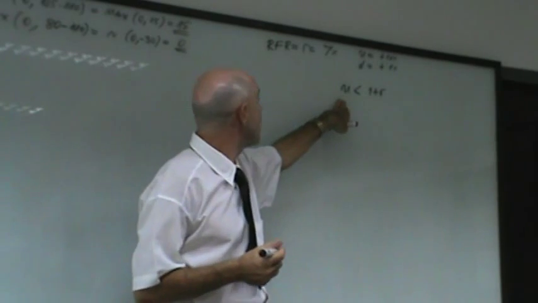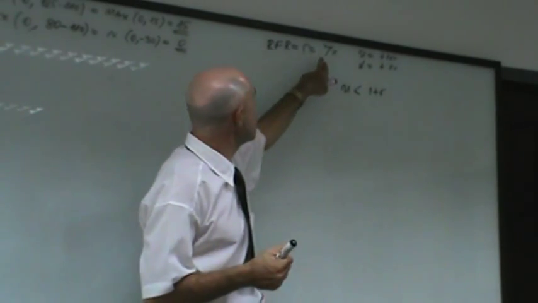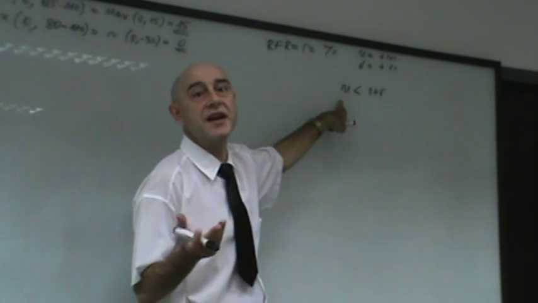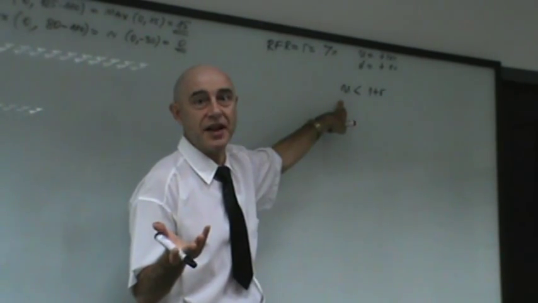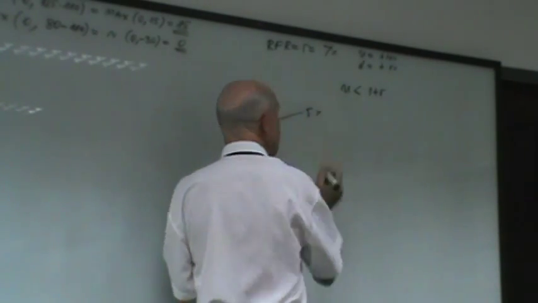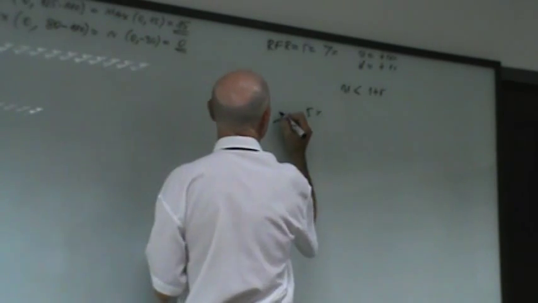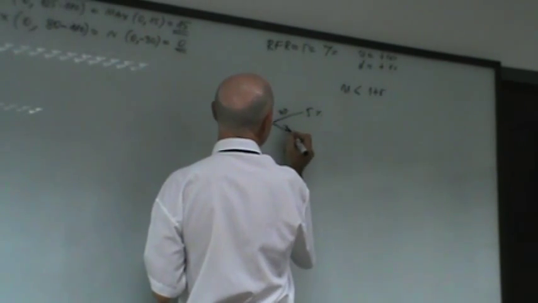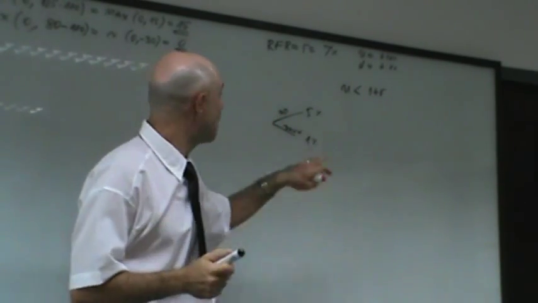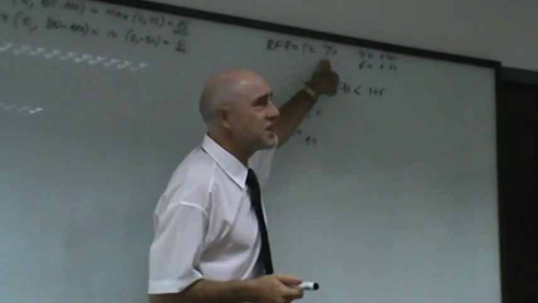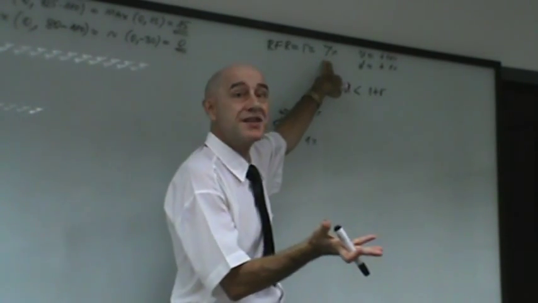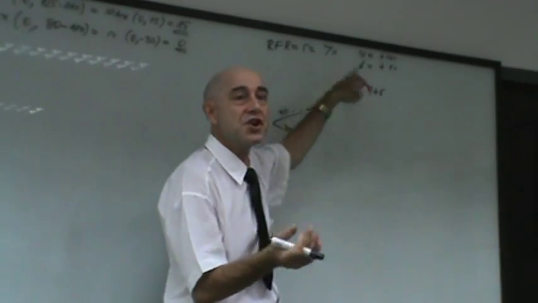If the risk-free rate is 7%, U is, let's say, 5% on the upside, and on the downside it gives you 1%. But the risk-free is 7. This is impossible. It's a contradiction.